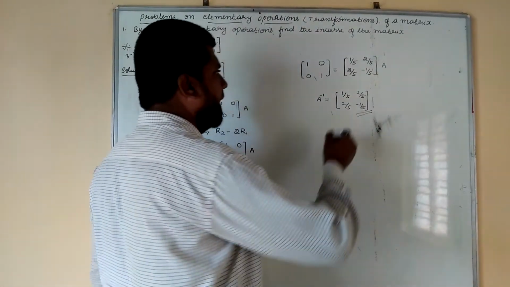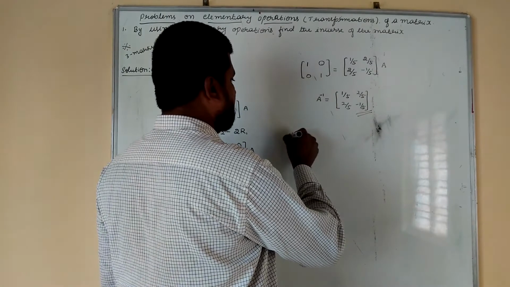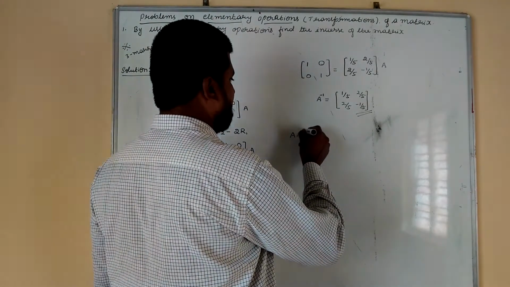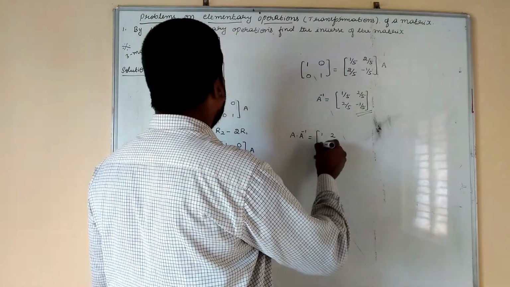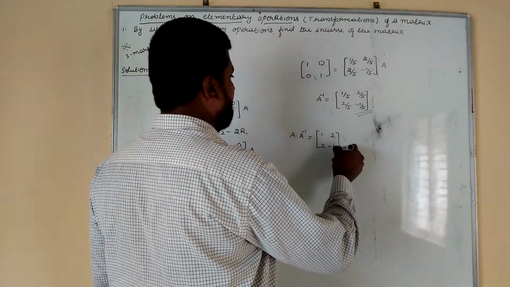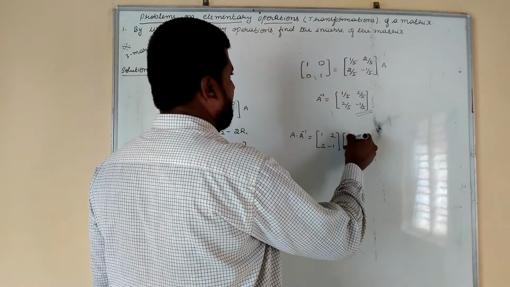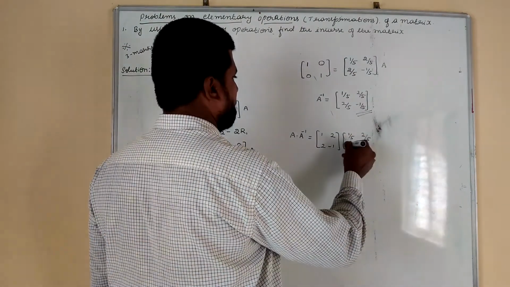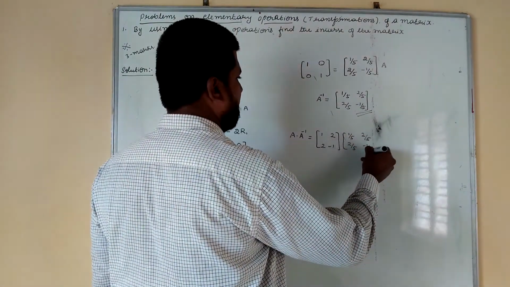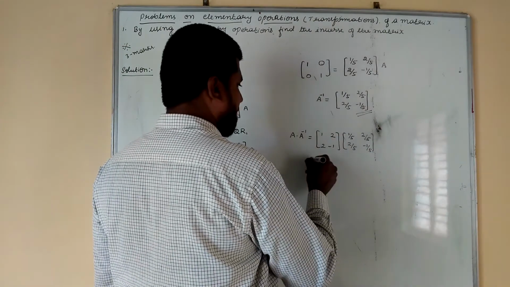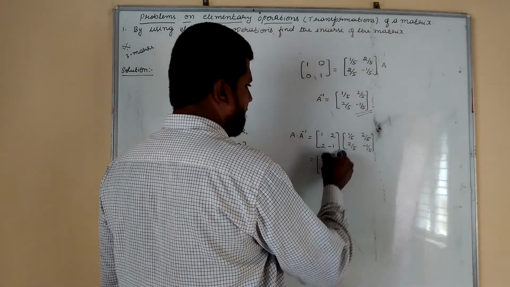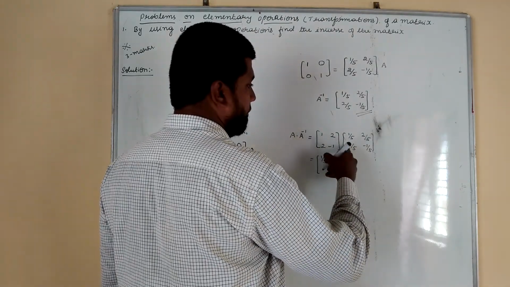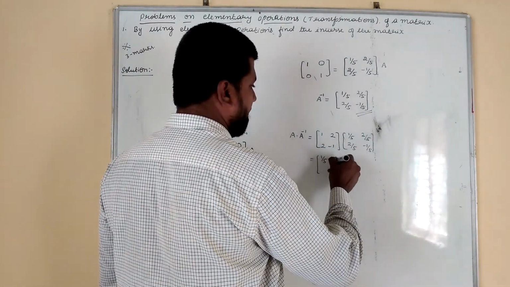Let us verify whether it is correct or not by using this method, A into A inverse. Let us take A as 1 2, 2 minus 1, then A inverse as 1 by 5, 2 by 5, then 2 by 5, then minus 1 by 5. If you multiply, what are you getting? 1 into 1 by 5 is 1 by 5, then 2 into 2 by 5 means 4 by 5.